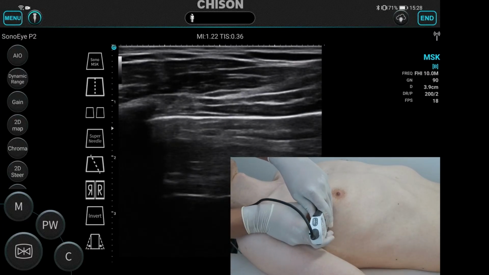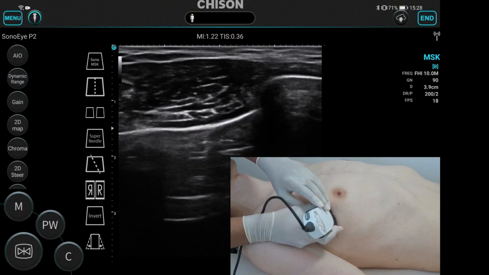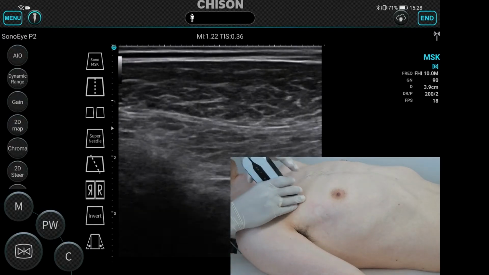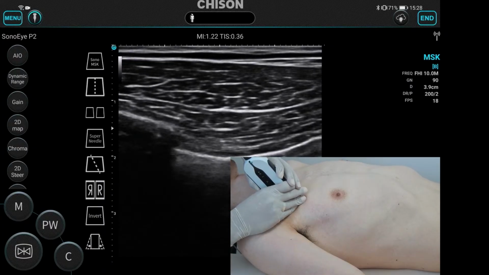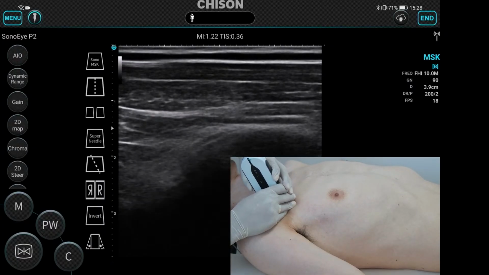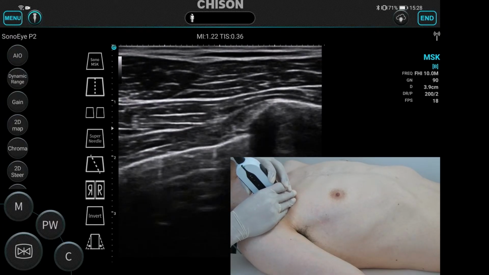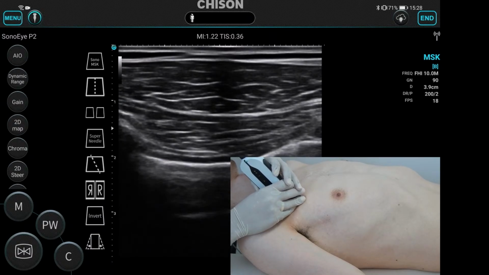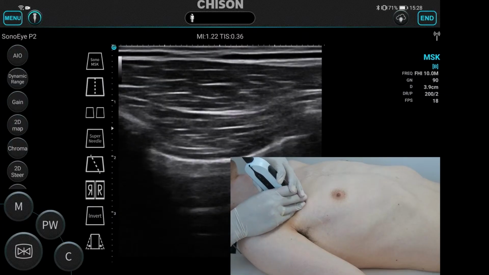Okay, you can orient your transducer a little bit. A little bit of scanning over here. This is the second rib, pleura, pectoralis major, minor. Very beautifully we can figure out the fascia.